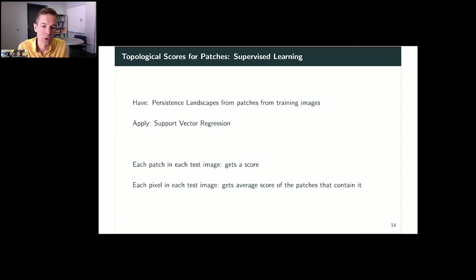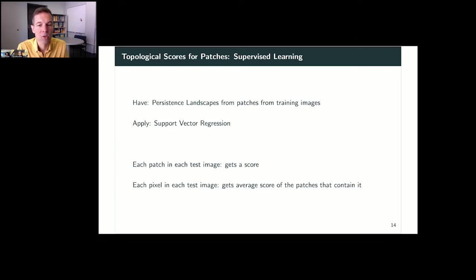We have the control, and then we have, say, a mutant where maybe some gene has been changed. And we split the data into training data and testing data. The training data has been labeled, so each of the patches gets a label. Each of the persistence landscapes gets a label.